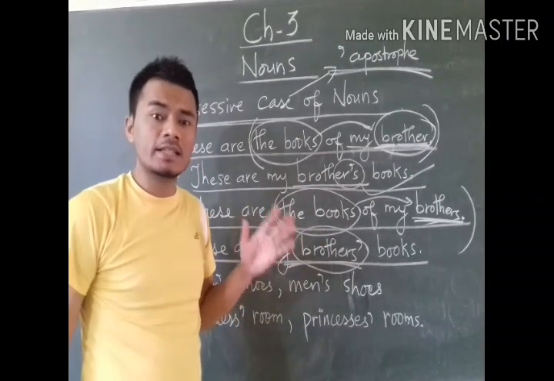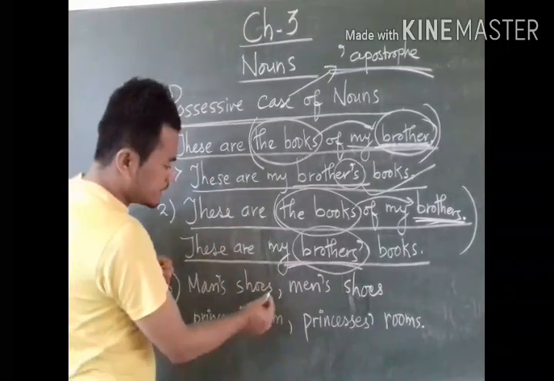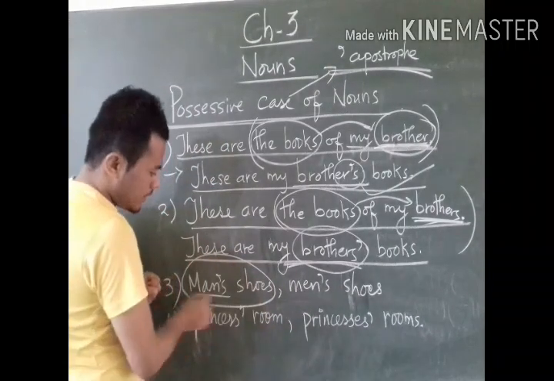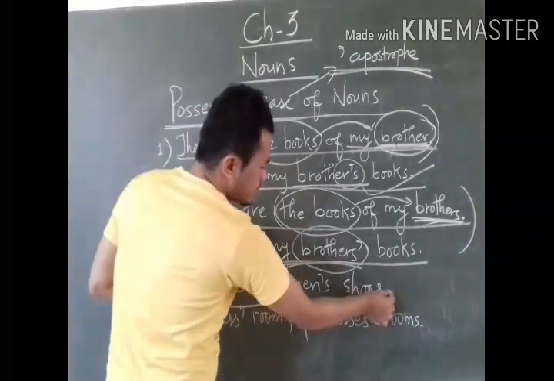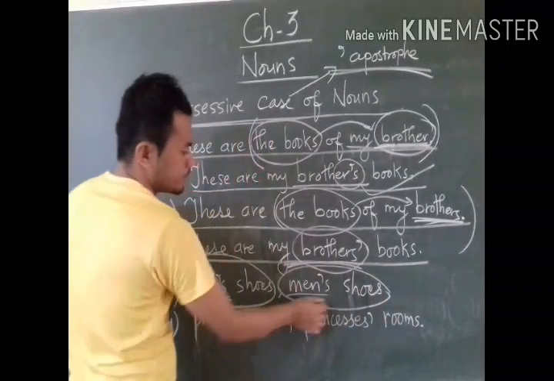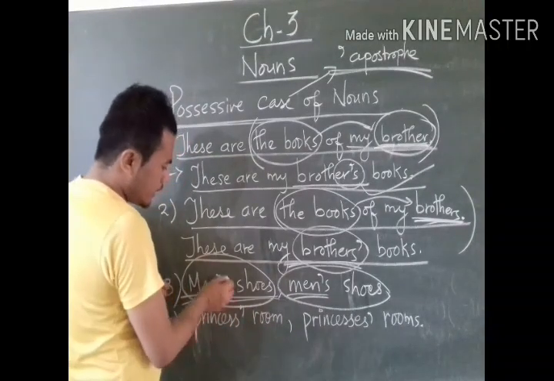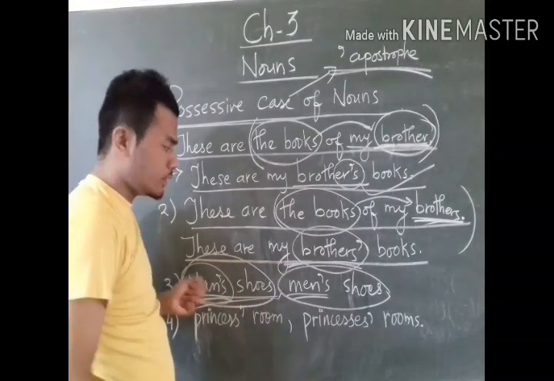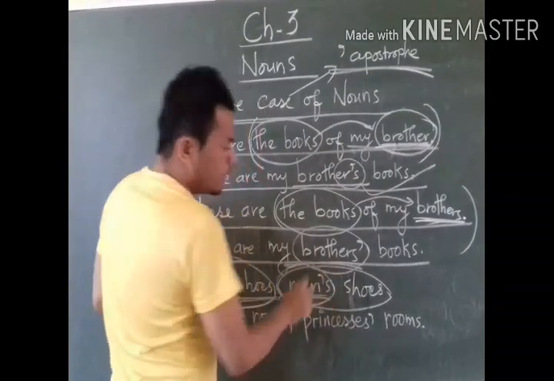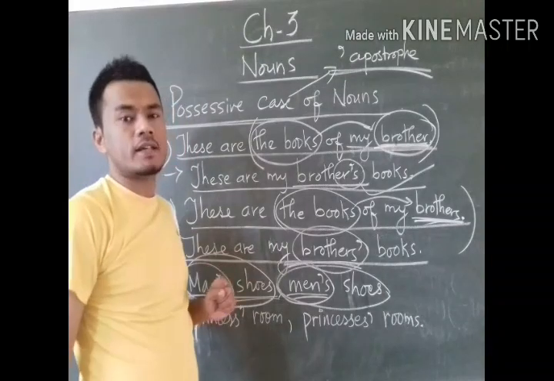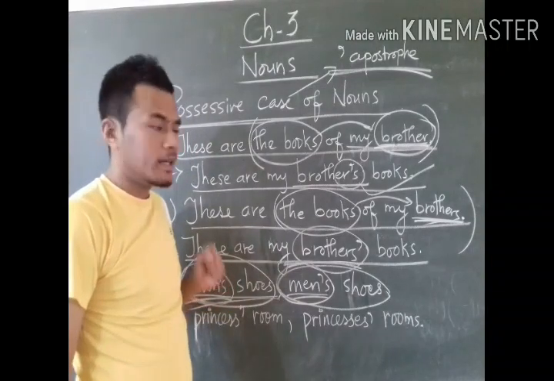Some exceptions are there, like see here, man's shoes. See here also, men's shoes. In both, man is singular and men is plural, but in both I have used apostrophe s. Why?